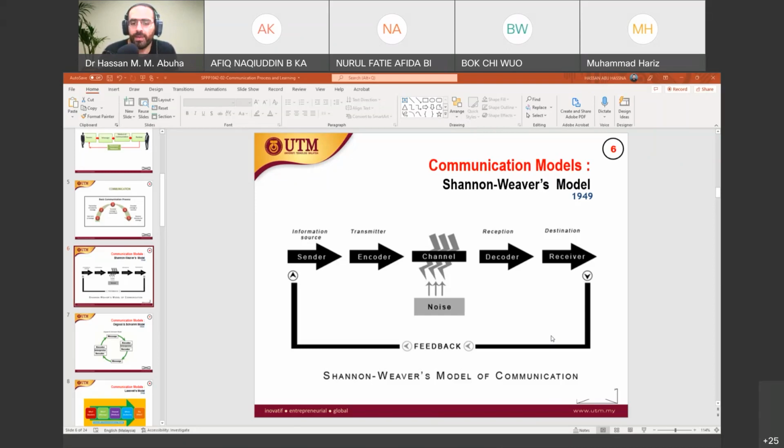Now for the next variable, which is noise. What is noise, guys? That mostly affects the channel of communication. What is noise? Interruption. That's right. If there is a technical problem in the class, this could be noise.